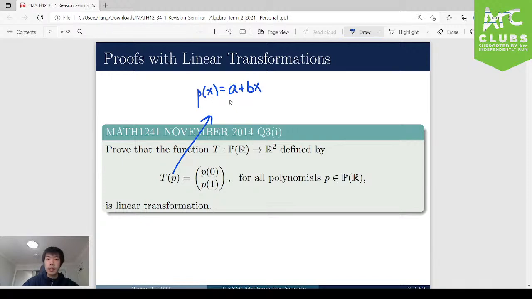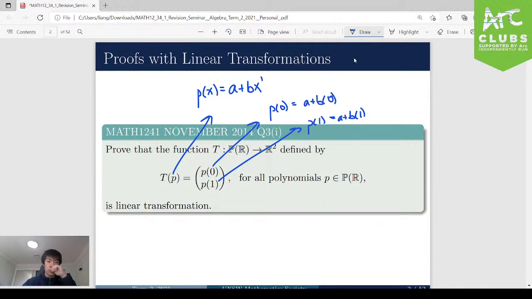It's some first degree polynomial, p(x) = a + bx, where a and b are the scalar coefficients, and you have x to the power 1. Then p(0) would mean evaluating it at 0, and p(1) would be evaluating it at 1. That's what these mean.